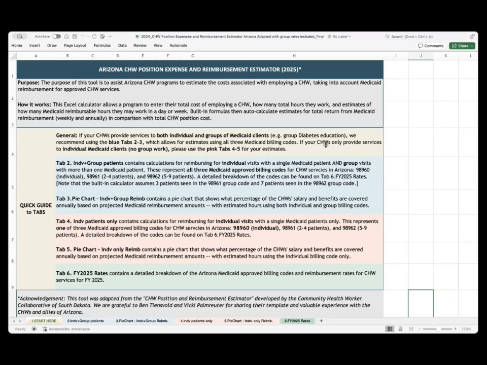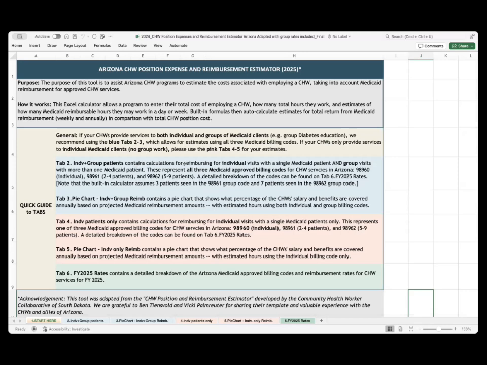But if your CHWs only provide services to individual Medicaid clients and would not do the group work, then you can use the pink tabs 4 and 5 for your estimates because they only take into account billing for individual client services.